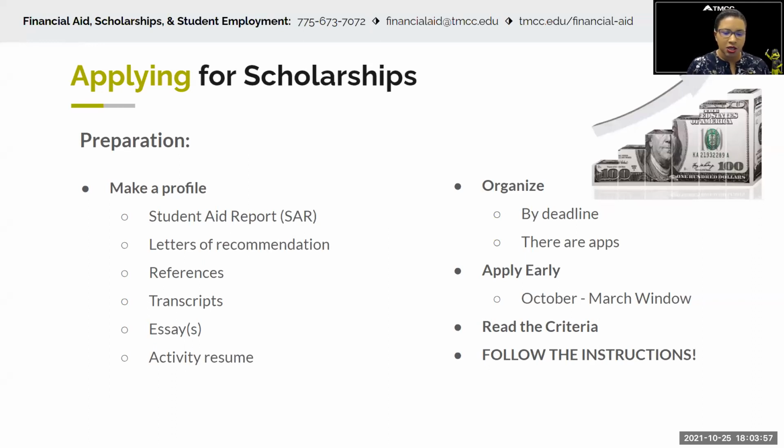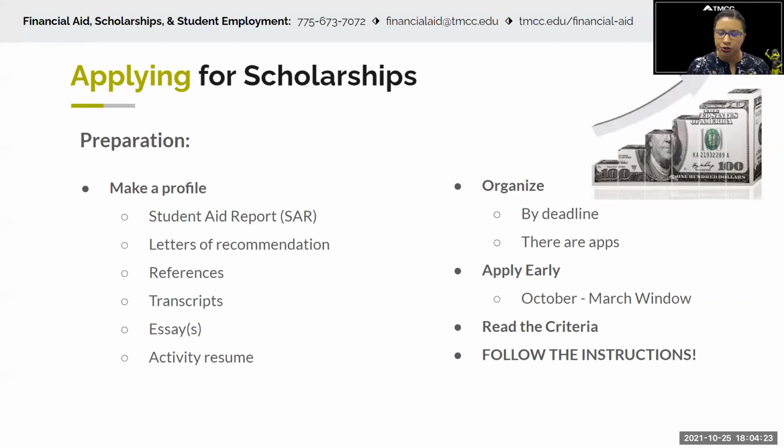And then to get letters of recommendation. With the letters of recommendation, it's really important to give the person you're asking enough notice to get those letters prepared for you. You can start asking for those now because the scholarship window is typically between October and March for the following school year.